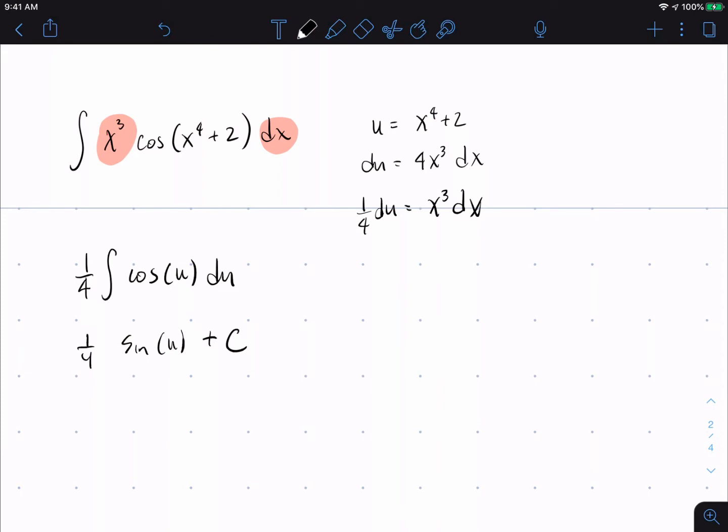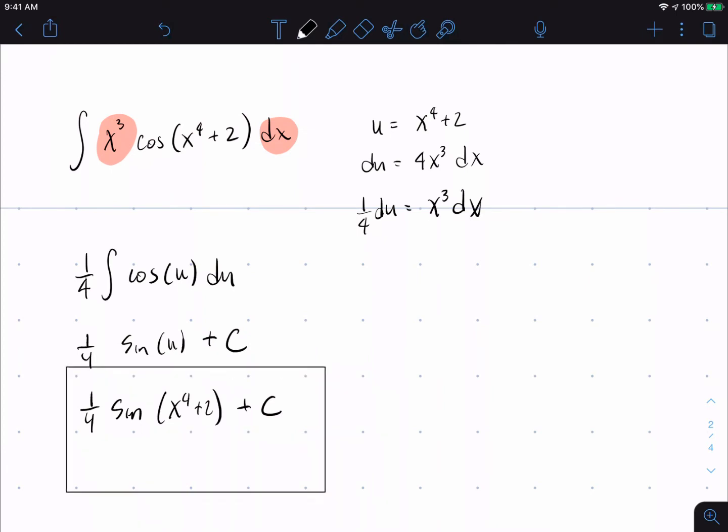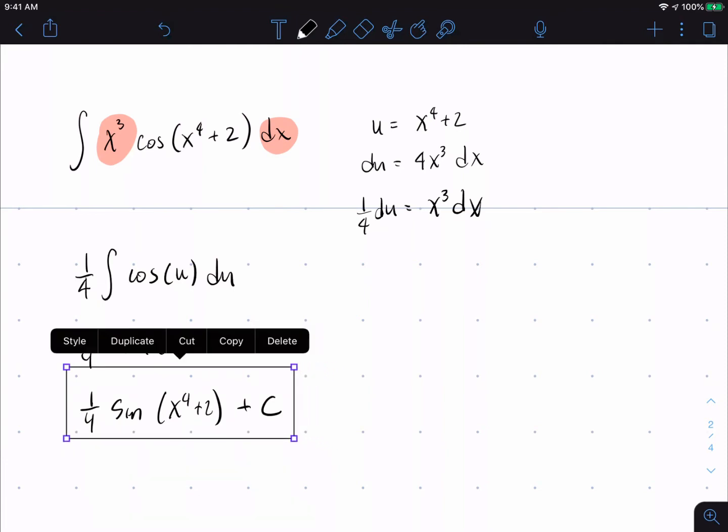But we don't want it in terms of u, we want it in terms of x. So I'm going to go 1/4 sine of x to the 4th plus 2, plus c. And so this is my solution. Okay? All right, let's try another one.